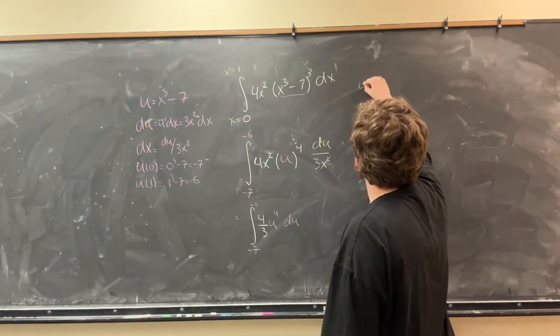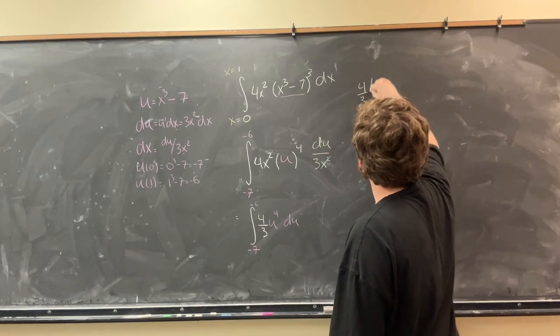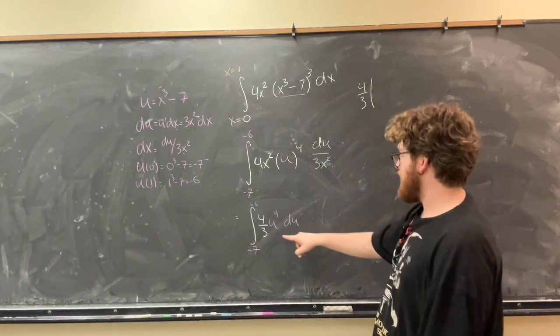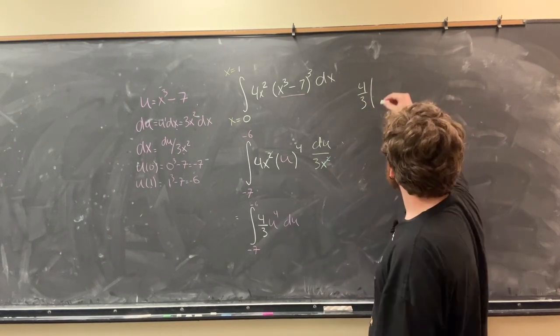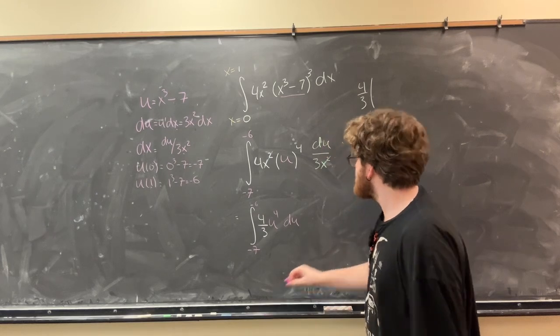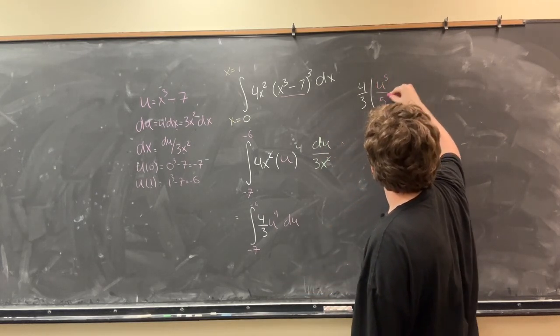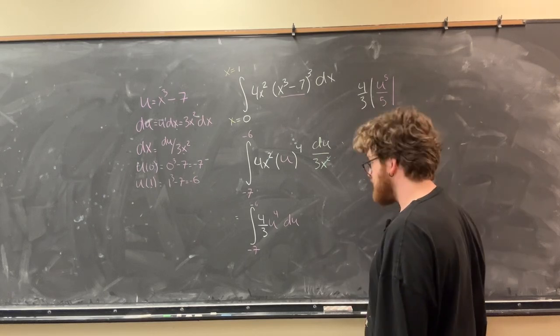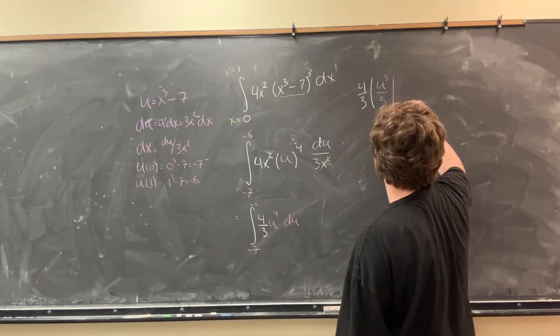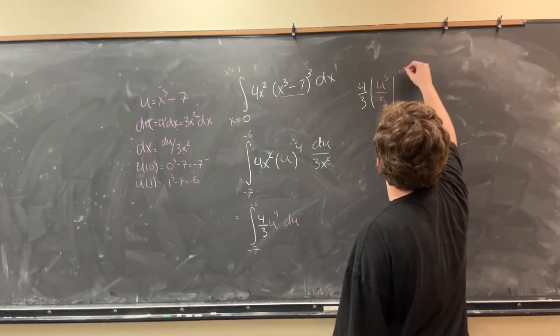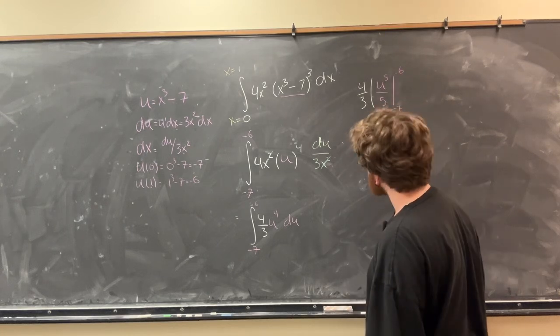This is going to be 4/3 times, now we have this u to the 4th. I'm going to anti-differentiate, get u to the 5th over 5. That's evaluated from our new bounds, negative 7 to negative 6. Cool.